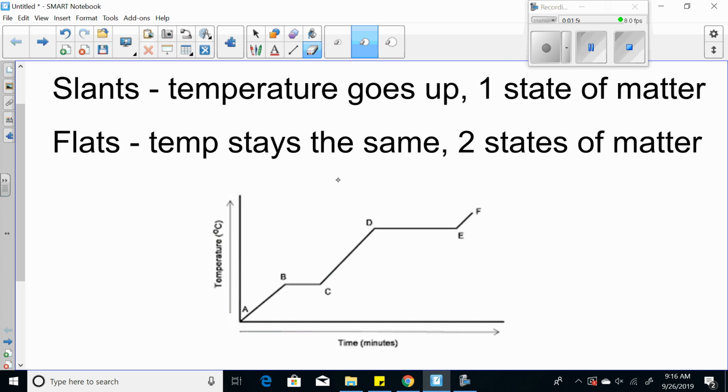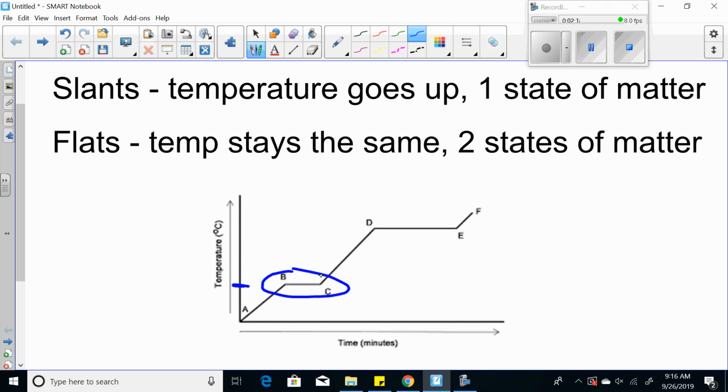Some of the things I can do with this: I could ask, at what temperature is it going to go from a solid to a liquid? I would know that from B to C, that temperature is when it's going to melt. I could also ask, when is it a liquid?